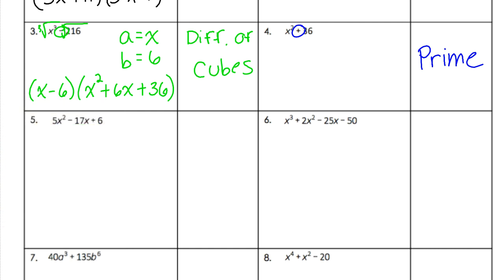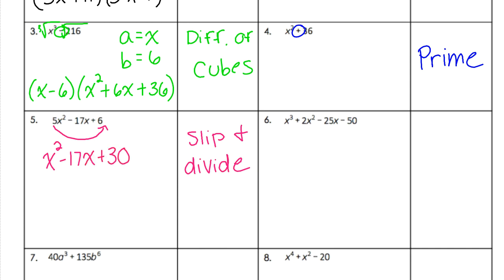Okay, number 5. So in number 5, I have a trinomial. It has a leading coefficient bigger than 1. So I'm going to slip and divide here so that I can move that leading coefficient out of the way and make it more manageable. So remember, we multiply those together and we get x squared minus 17x plus 30 as my new c value.